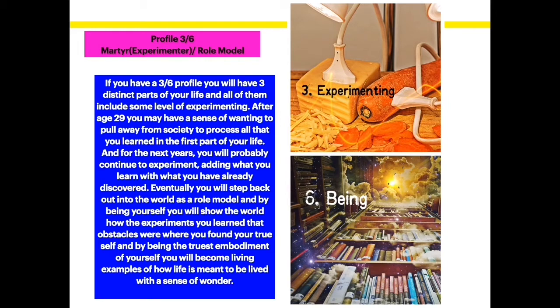The second phase is about 28 or 29 to about 50, 51, and that's what they call the on-the-roof stage. And then after 51, you have your Chiron return, and this is where you sort of step into your role model status.